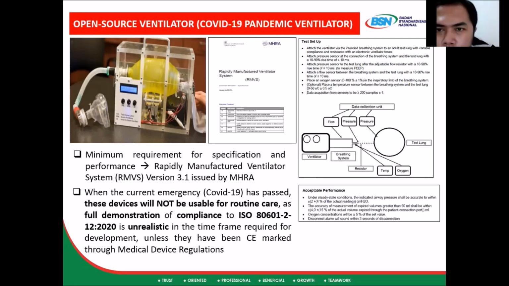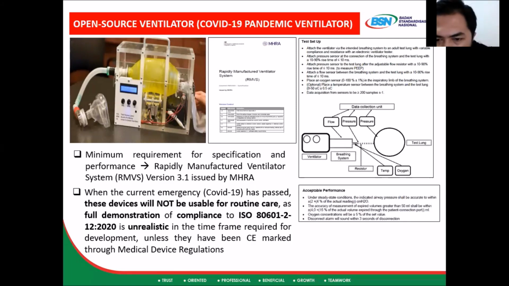And in this test setup, we attach the pressure sensor, flow sensor, and oxygen sensor. So these sensors should be calibrated, since there is an acceptable performance. Like for the pressure, the indicated airway pressure shall be accurate within plus minus 2 plus 4% of the actual reading.